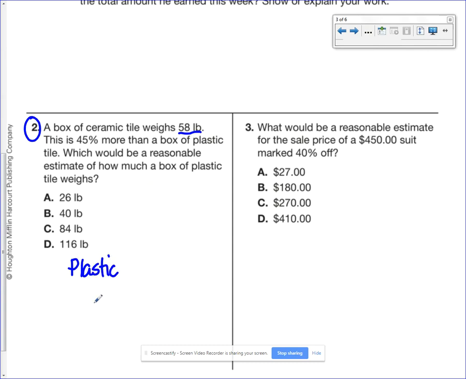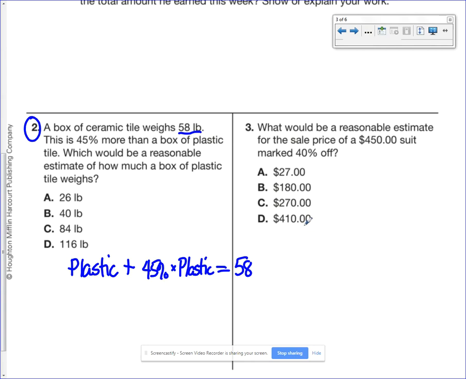You have to take the plastic box, that weight, plus another 45% times however many pounds the plastic tile box weighs. And that equals the 58 pounds that the ceramic tile box weighs. So for sure, whatever this number is, it's got to be less than 58 to begin with. Look over here and start eliminating some of your answer choices there. And then, since it's multiple choice, go ahead and test those two and see which one it is.